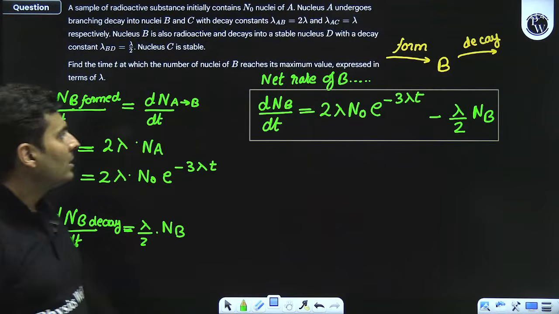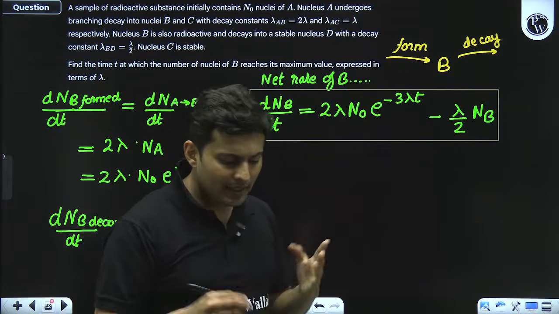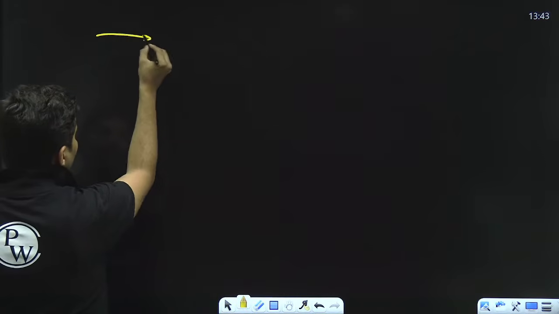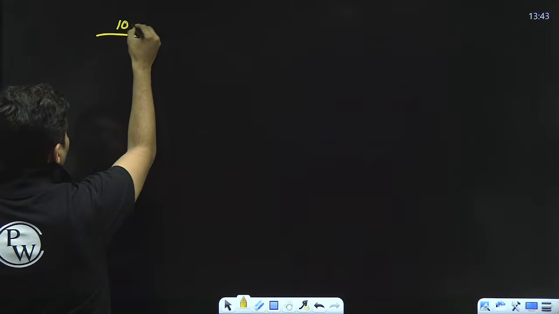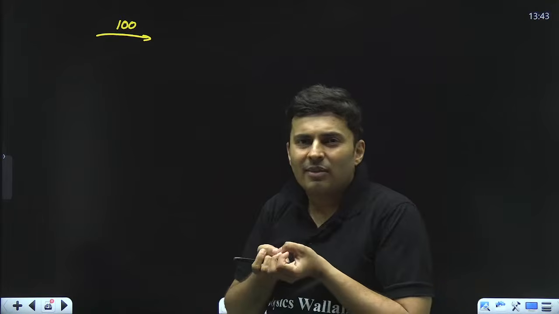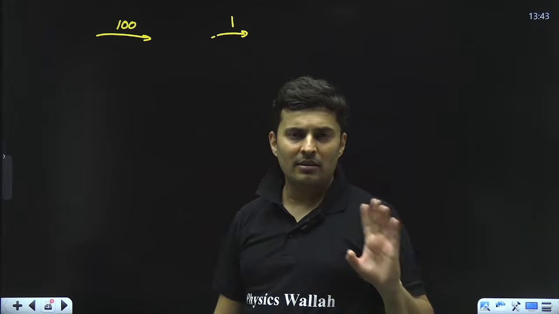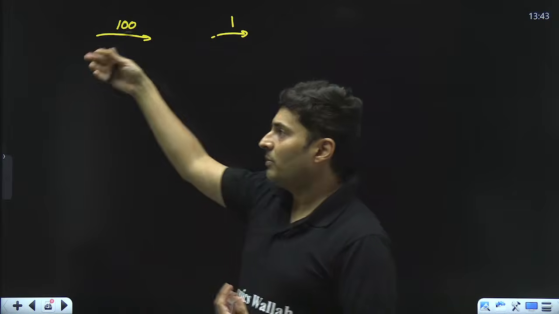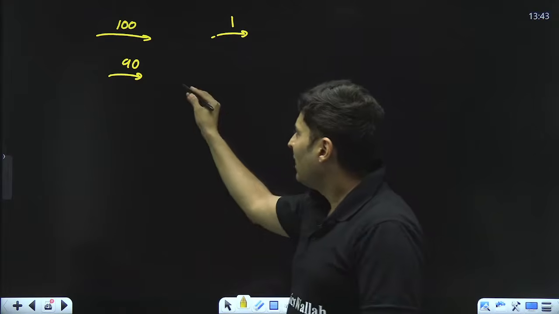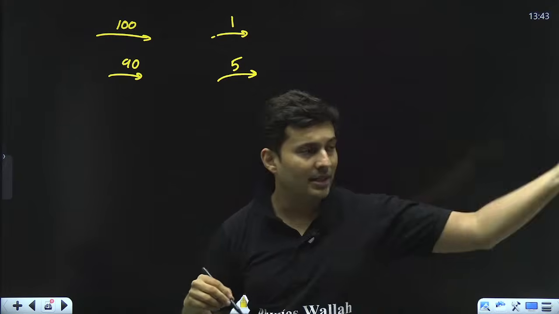Now, see, if I want to find when will B reach its maximum value, I will give a very simple laddu example, guys. Look at it. First, I am getting, let's say, 100 eggs from one person. I barely had 1 or 2 eggs with me. So maybe I am giving to the next person 1 egg per second or something. Now, after some time, what happens? I am not getting 100 eggs, I am getting 90 eggs. By that time, I have accumulated few eggs. So I am giving maybe 5 eggs to the next person.